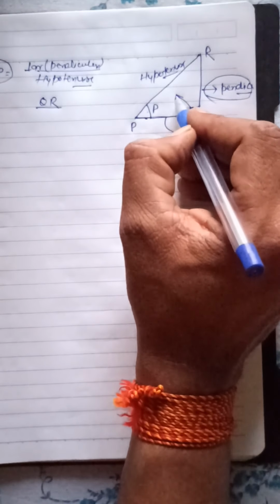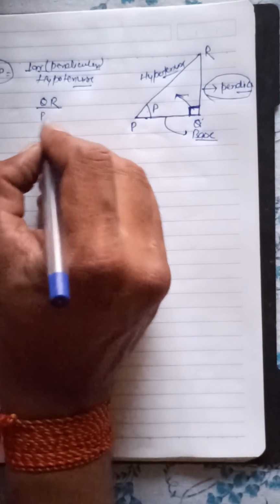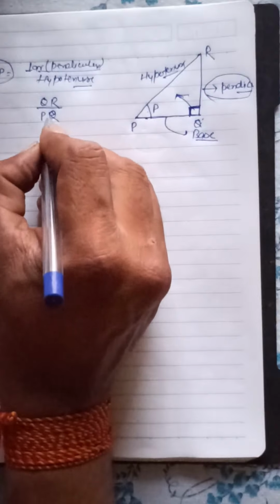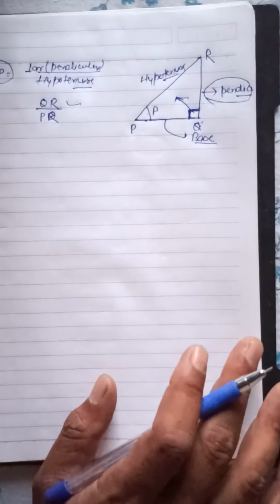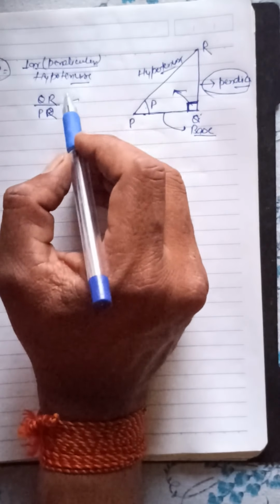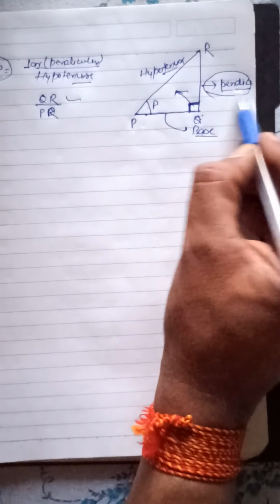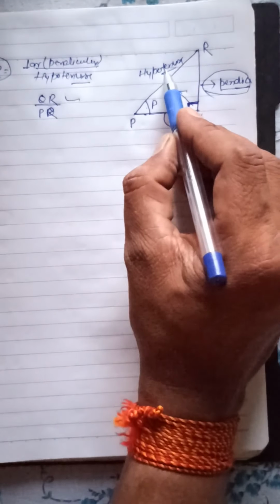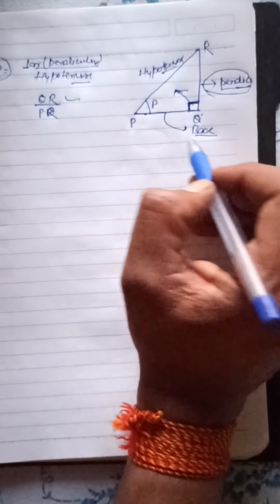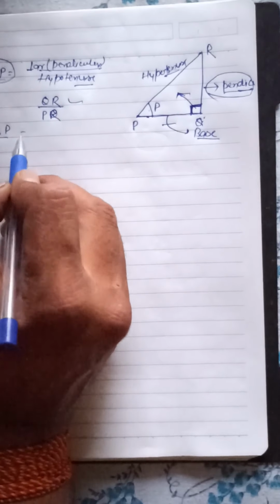The side that is opposite to the right angle is called hypotenuse, meaning PR, right? So is it easy now to find sine P? If we have the perpendicular, the hypotenuse and the base, we can find the basic angles, the sine and cosine.